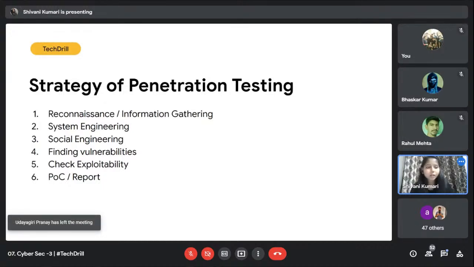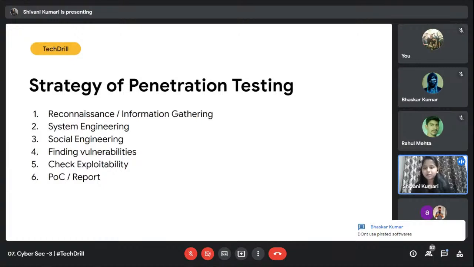So before reporting a vulnerability, first check its exploitability, criticality, or severity, and whether it is accepted by the firm or not. Then we come to the last phase.